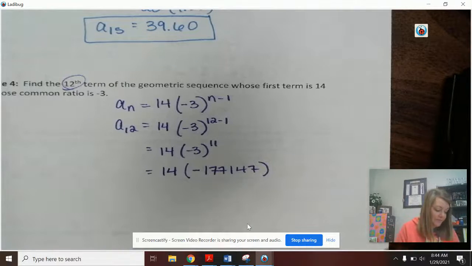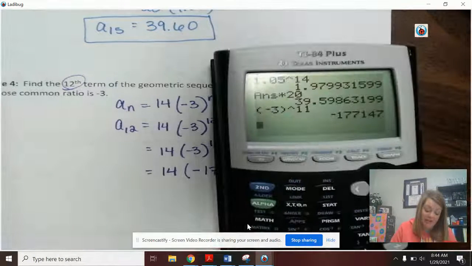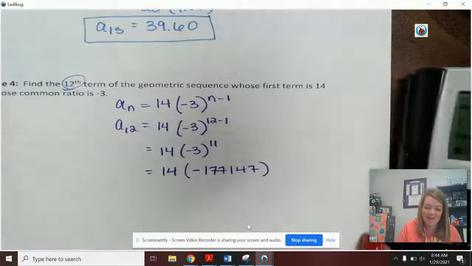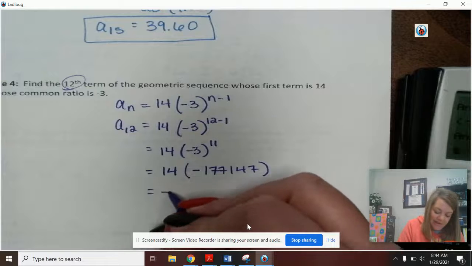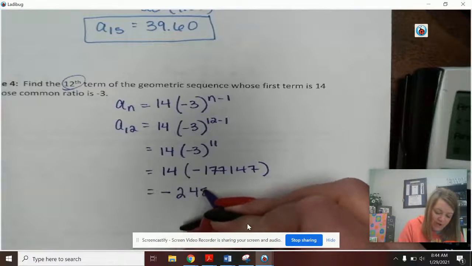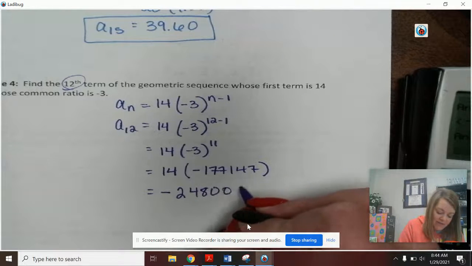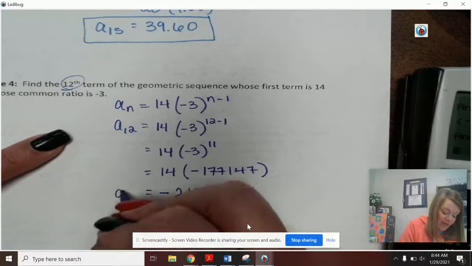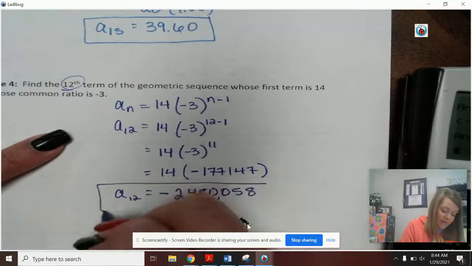And then I just take that number and multiply it times 14. And I get -2,480,058. Put your commas in here if it makes the number easier to read. That is a sub 12.